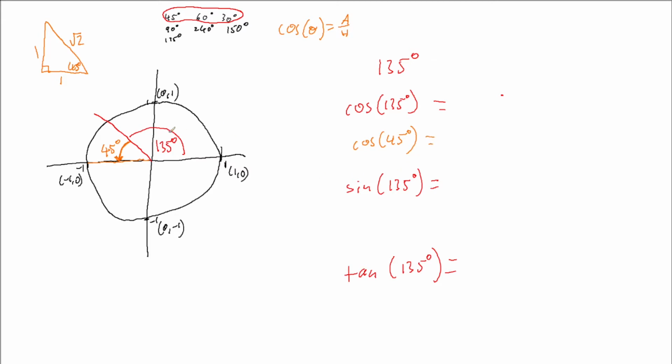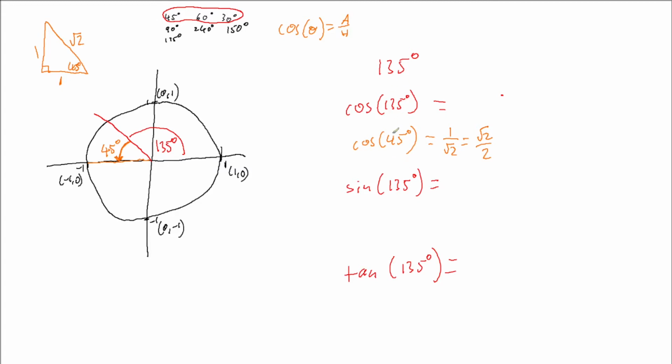So for 45 degrees, the adjacent side is 1 and the hypotenuse is the square root of 2. So I know that we have 1 over the square root of 2, or if we rationalize the denominator, we have root 2 over 2. But that's the cosine of 45 degrees.